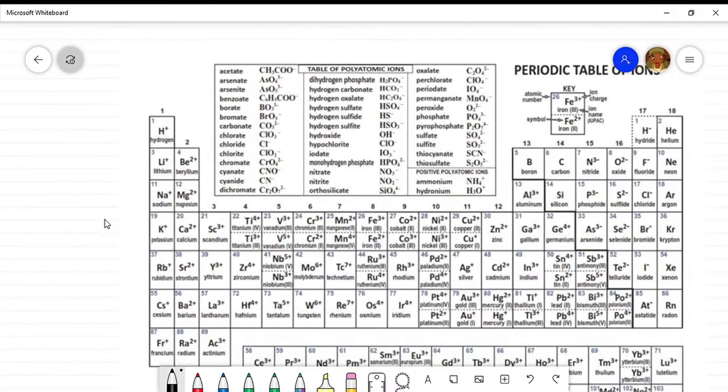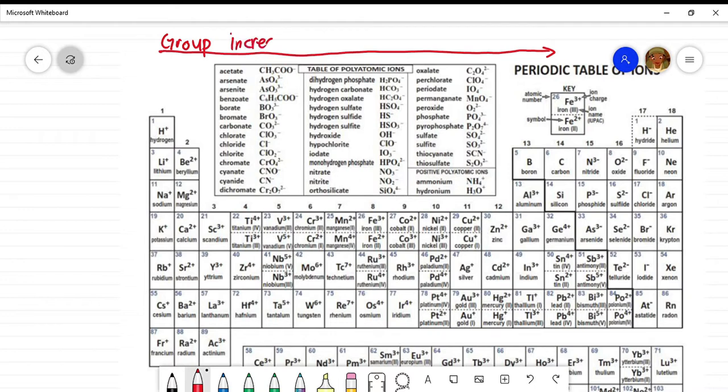So first, a simple rule of thumb here is that you look at the groups of the elements. The group number is increasing from left to right.